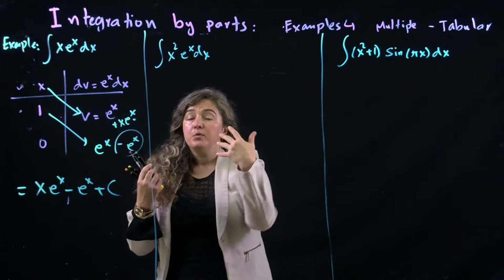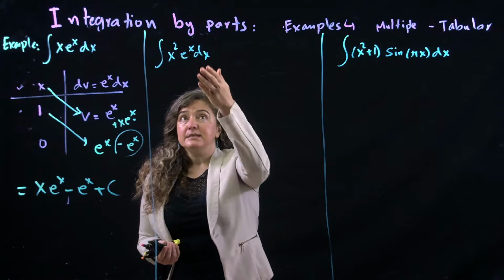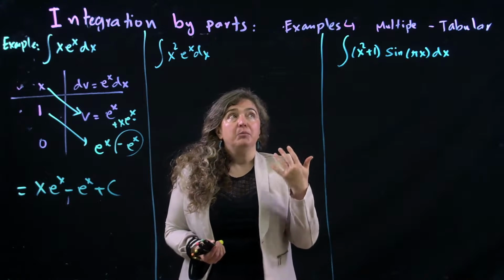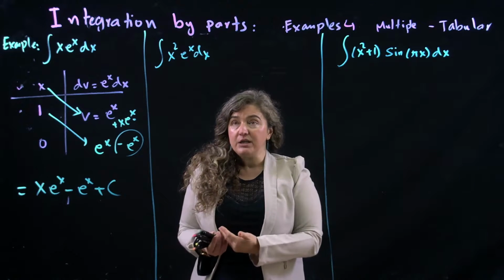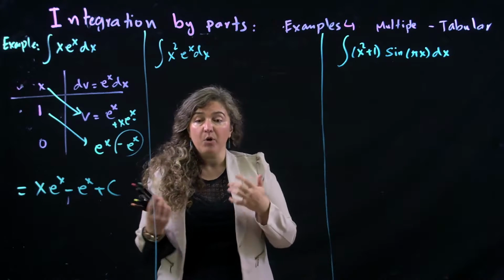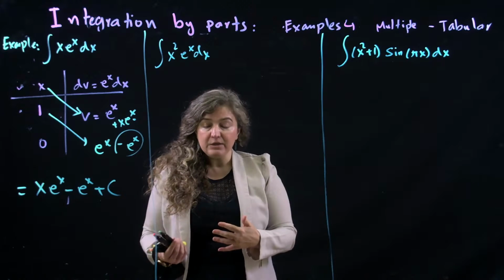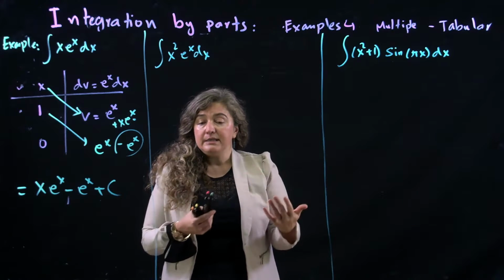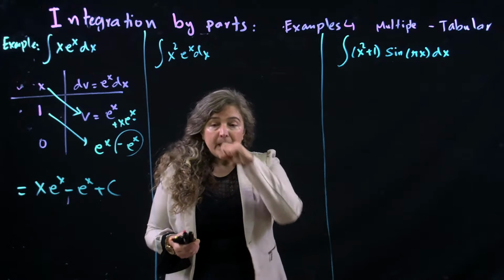And so what I'm going to do next is present you an example where you have to use multiple applications of integration by parts, and then make that into a tabular format, and you can compare how much easier that can get.